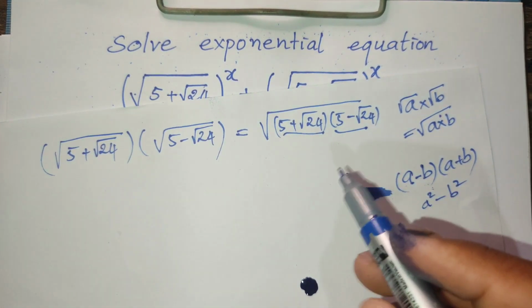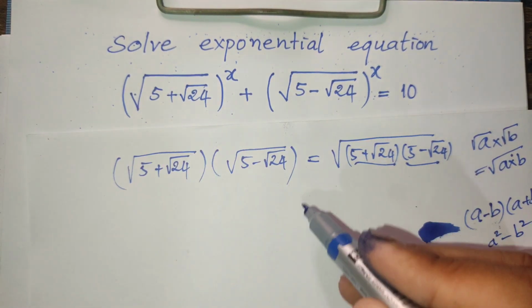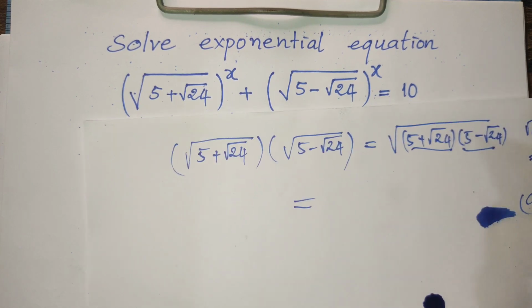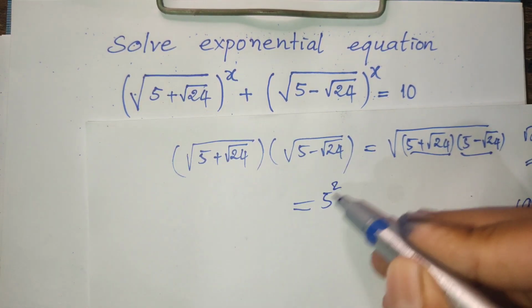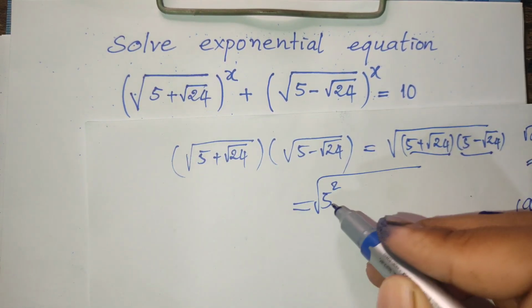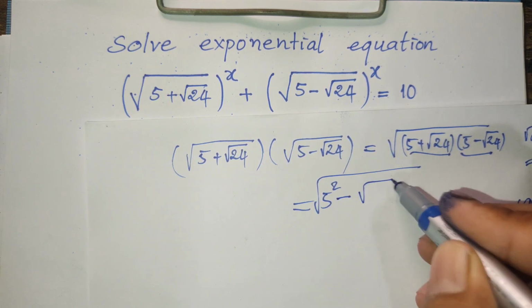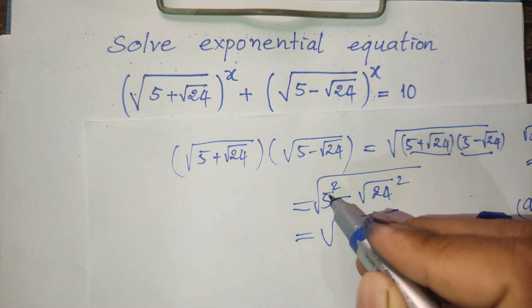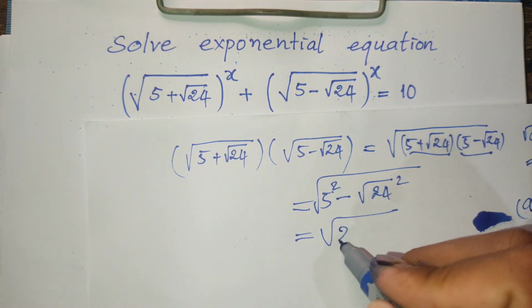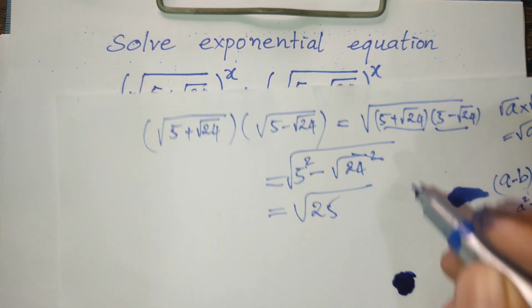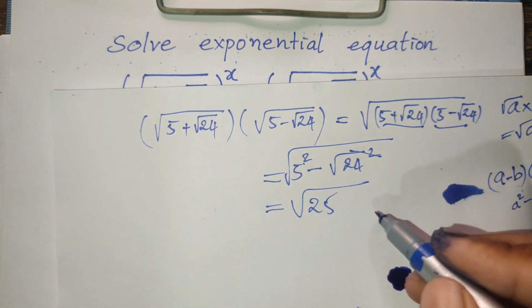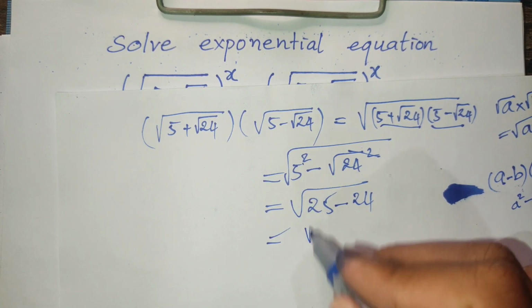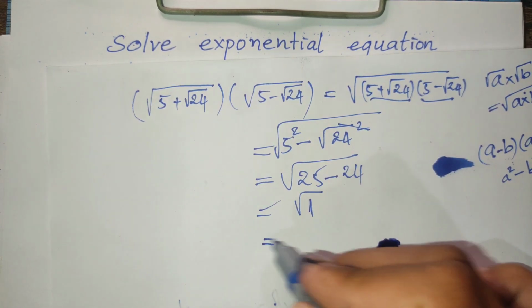So I can write this as square root of 5 square minus 24. 5 squared is 25, and we simplify, 25 minus 24 equals square root of 1, which equals 1.